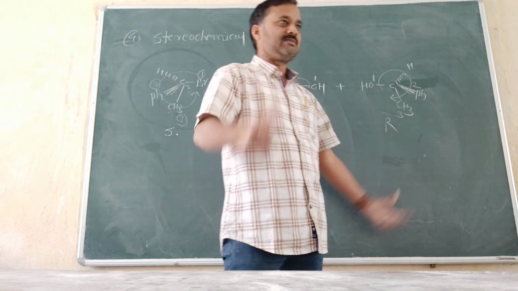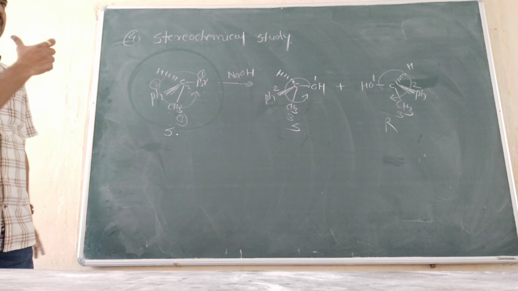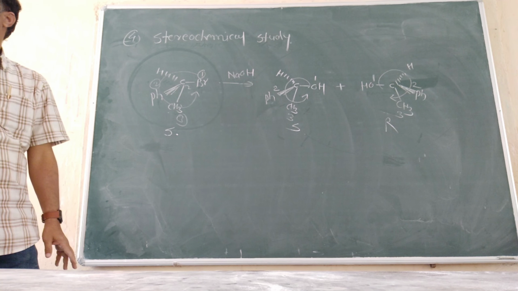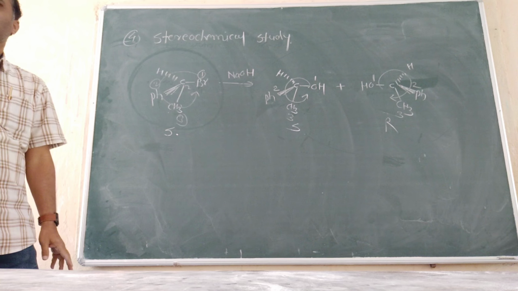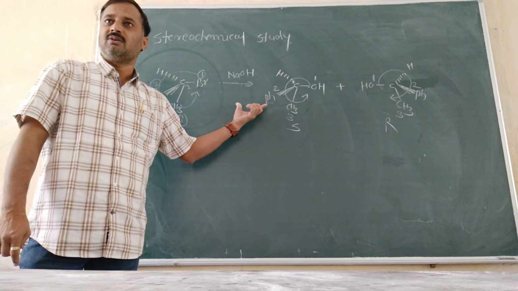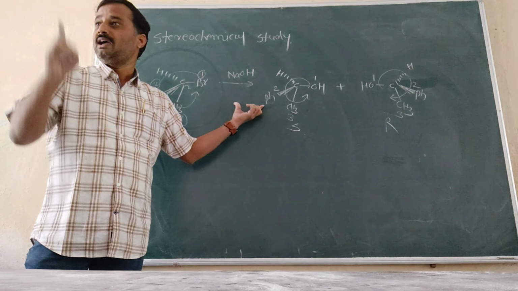What is your conclusion? No doubt, this is a simple nucleophilic substitution reaction. What is the mechanism of this reaction? Whether this reaction follows SN1 pathway or SN2 pathway. SN1 pathway. Why?